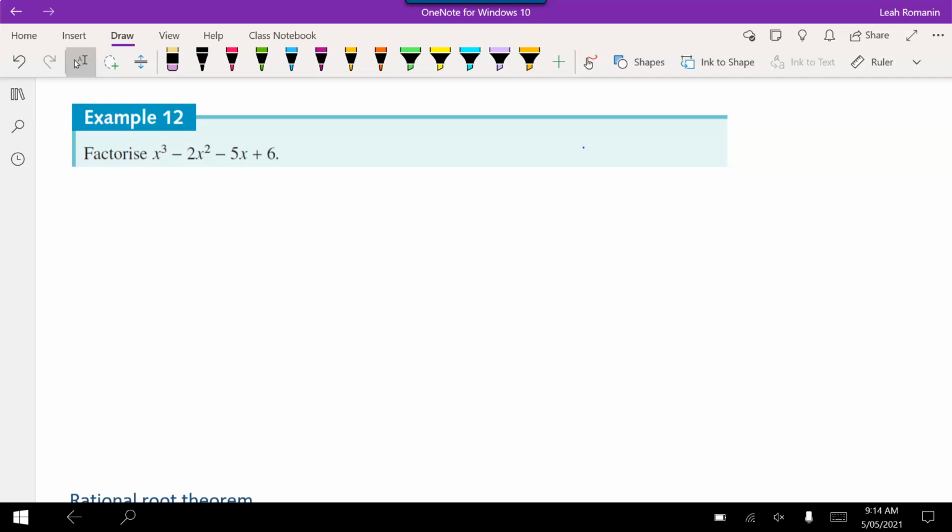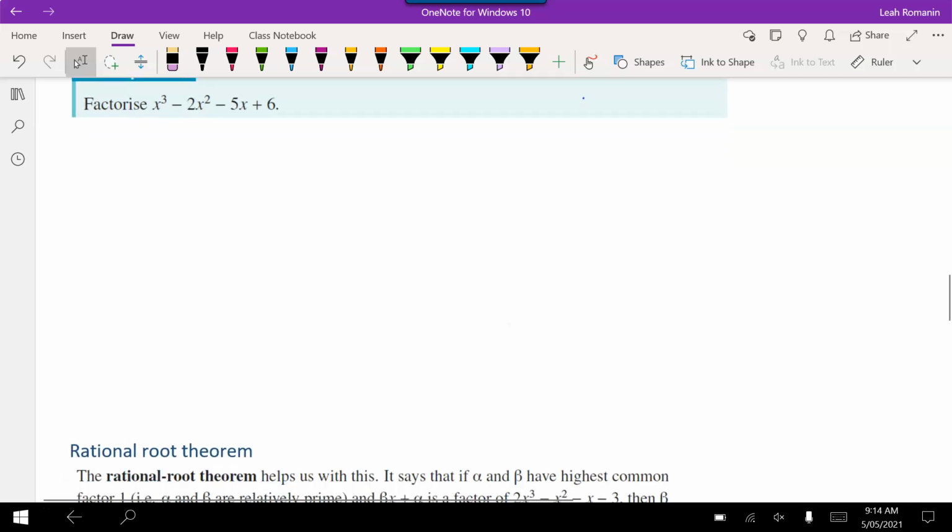So generally, I always start with 1 and negative 1. They're the easiest ones to start with, and generally I'm not going to be giving you a hard linear factor to be dividing by anyway. So for this particular example, I'm going to start with 1. I'm going to try substituting in 1, see if it gives me the answer.